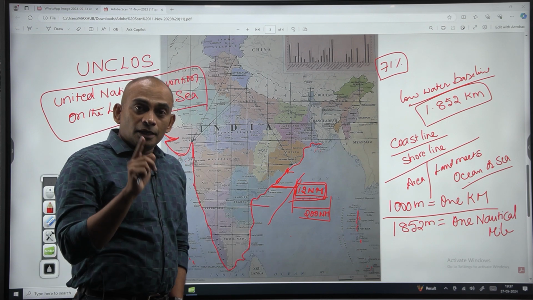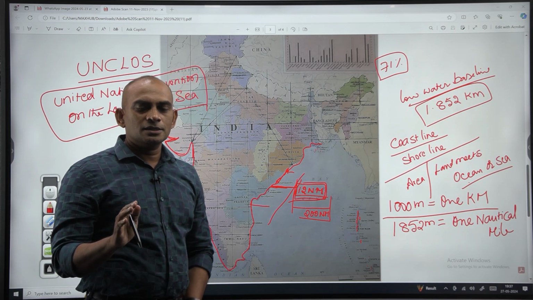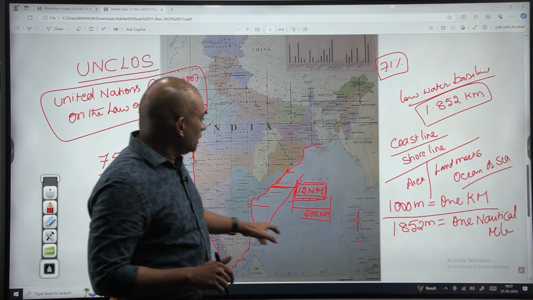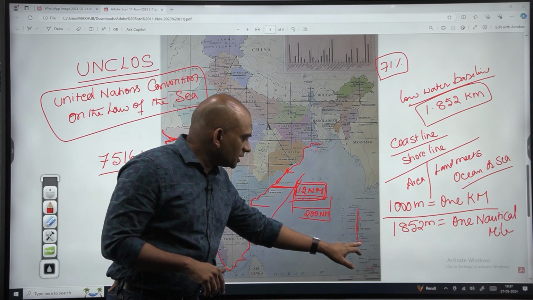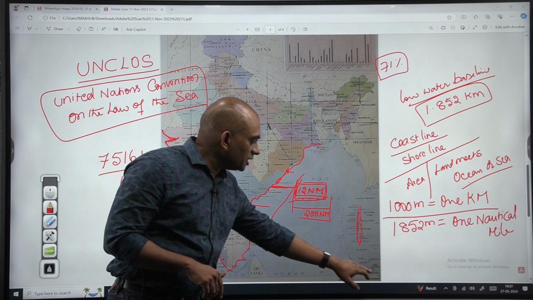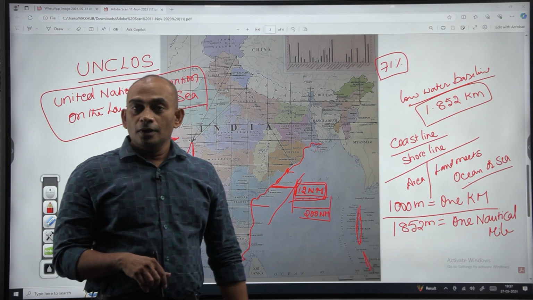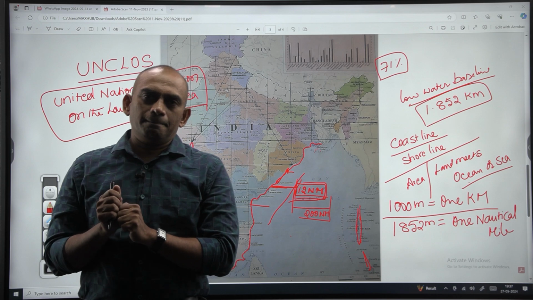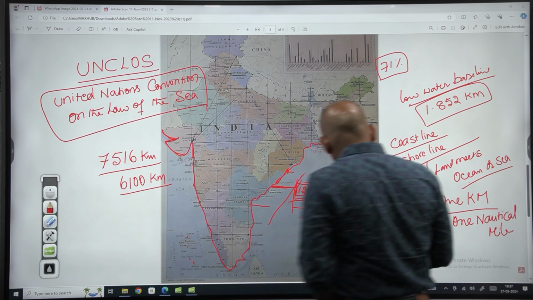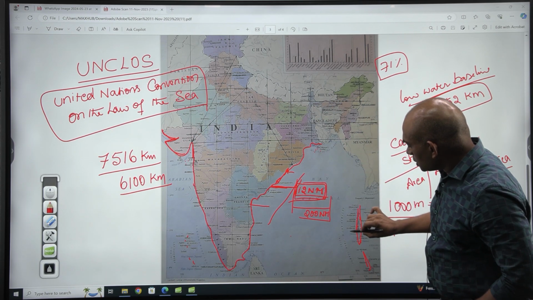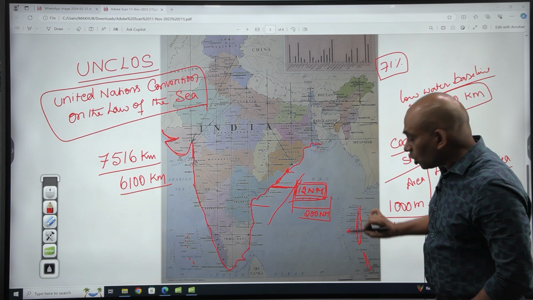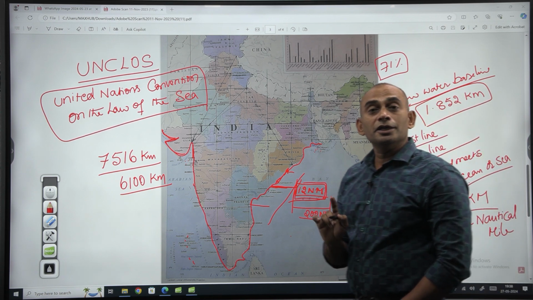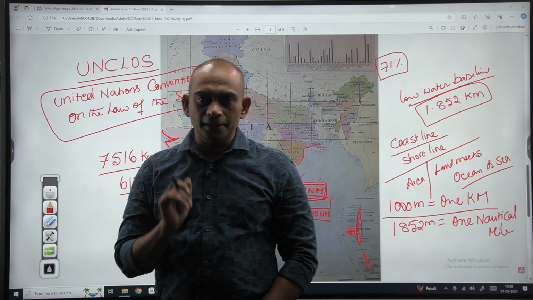Like that, every country has this right. Suppose we take the Andaman and Nicobar area. Andaman and Nicobar belongs to India. That means from Andaman, up to 12 nautical miles, this part we call the territorial waters of India.